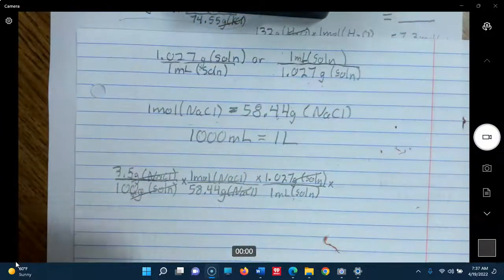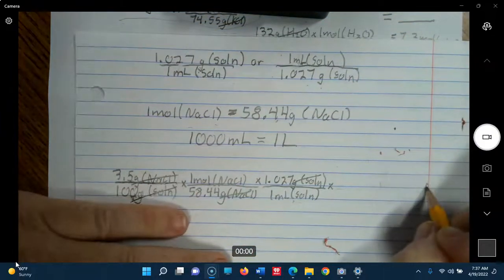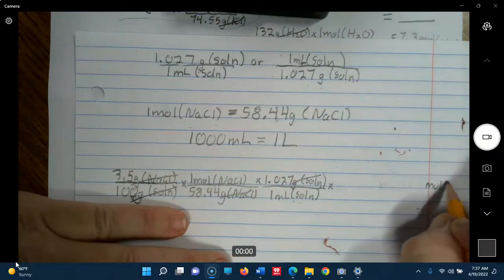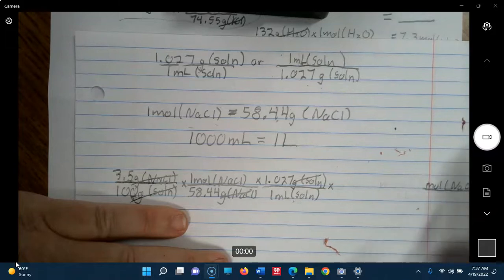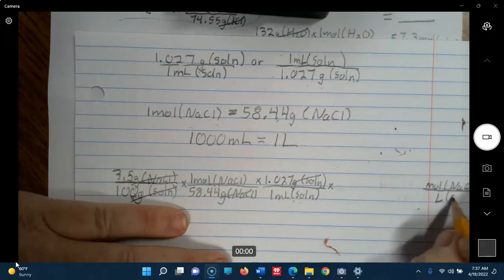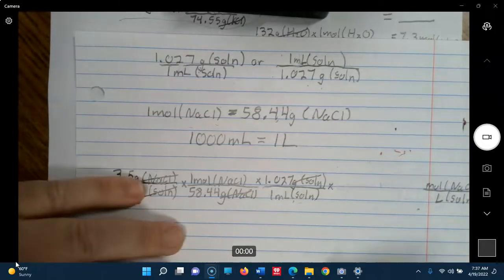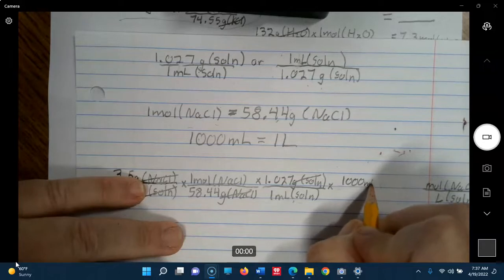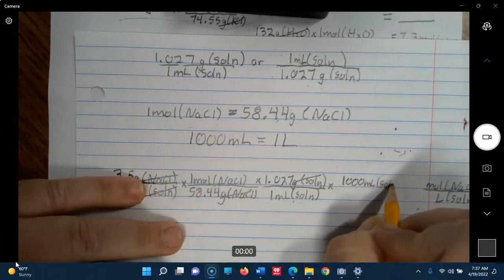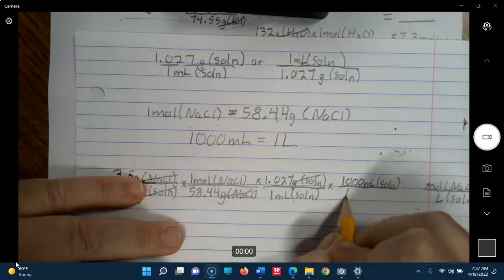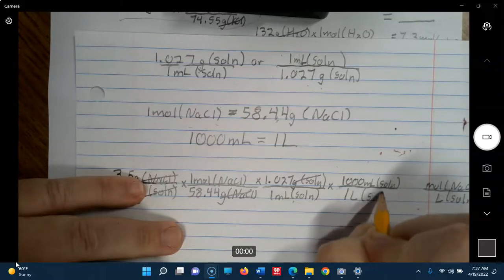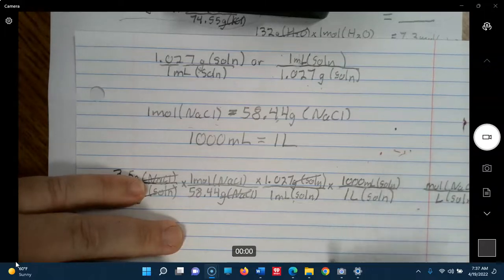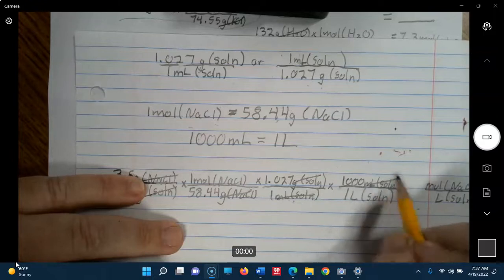I'm going to write it way over here. Okay, so it's going to be milliliters of solution, milliliters of solution.